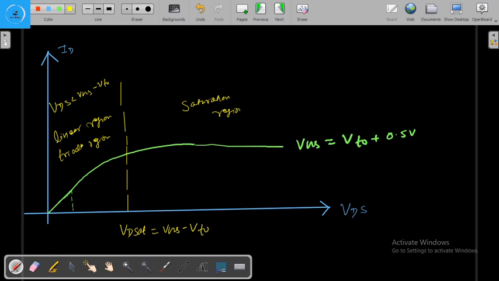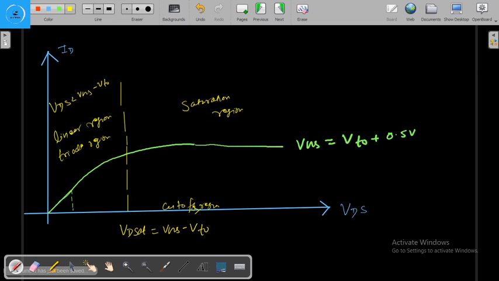And when the VGS is less than the VT naught, this is for the cutoff region. So this is the linear region, this is the saturation region, and this is the cutoff region.